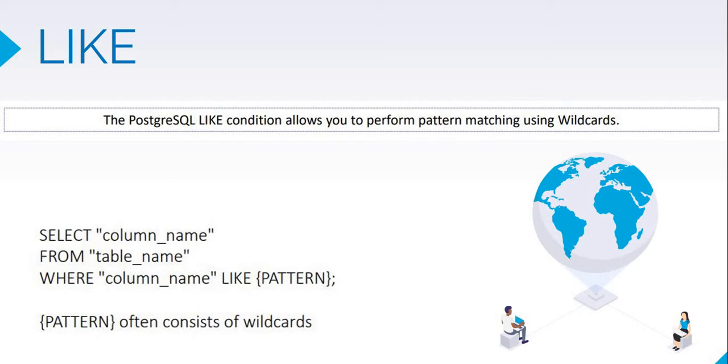The syntax of like condition is: select the columns that you want from your table name, and when you specify the condition using the where keyword, you use like, and then you specify the pattern. Now, to specify the pattern, we will be using the wildcards. As told earlier also, wildcard is a special character, or you can say it is a symbol, and this symbol means something to SQL.